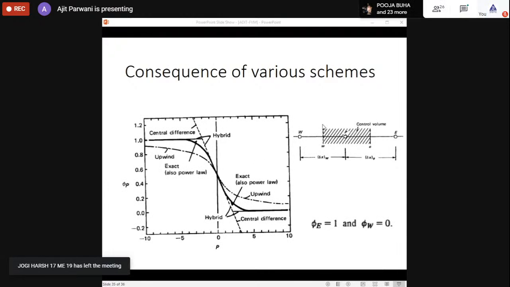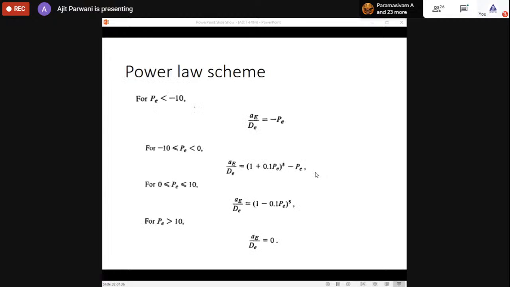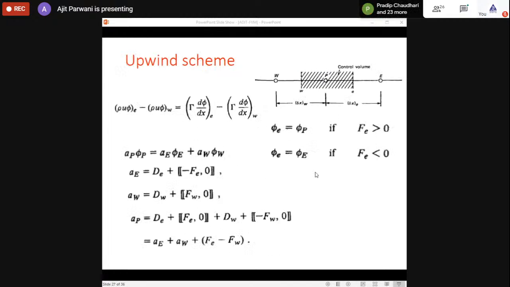When we have taken the upwind variable for discretizing the convection term, it is true that we have used the upwind variable for discretizing this convection term. But for discretizing the diffusion term, that is d phi by dx at the east face and d phi by dx at the west face, we have used the linear profile. We have not used the upwind variable.